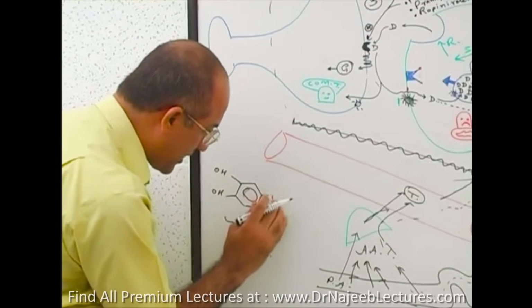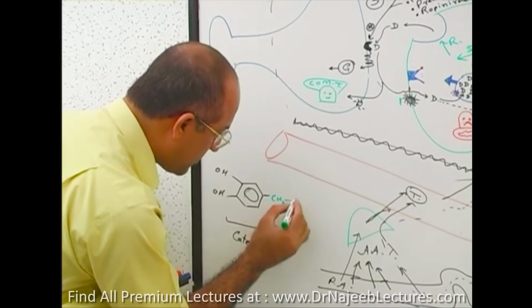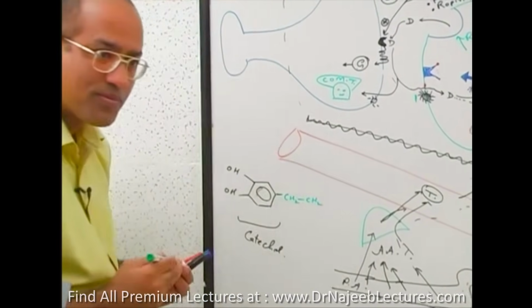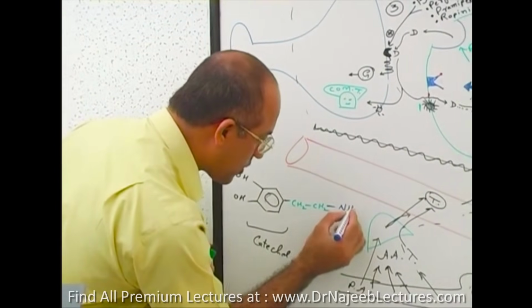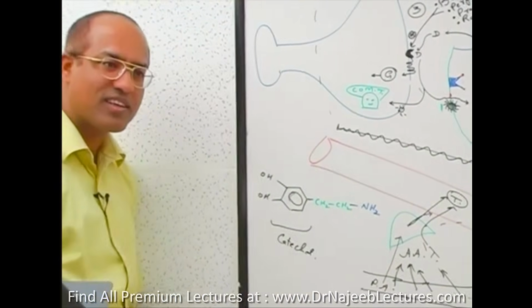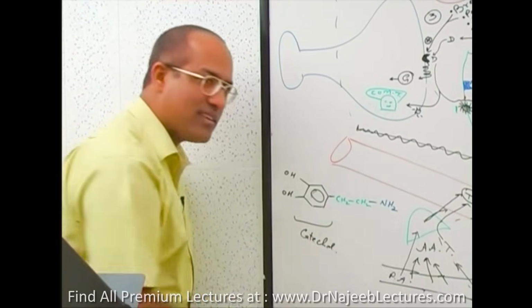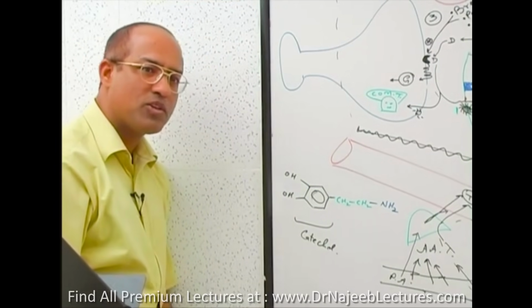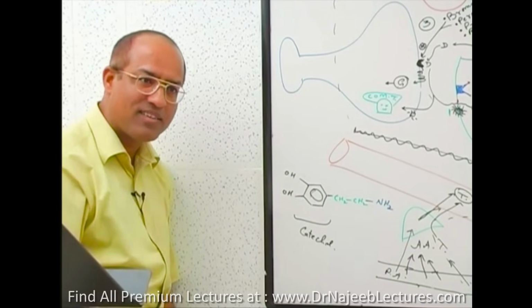And with this catechol ring, what are you putting here? Ethyl group. And if you put here an amino group, what is this now? Basic structure. Catechol ethyl amine. People write such molecules as catecholamines. Have you heard of something called catecholamines?